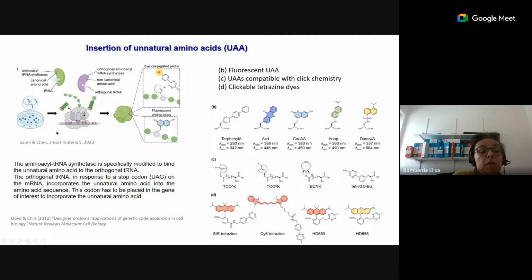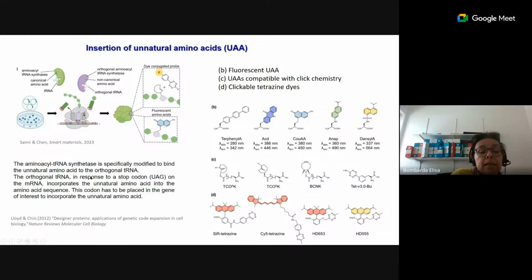Actually this enzyme will be modified, here in lilac, in order to link a non-canonical amino acid to a tRNA.